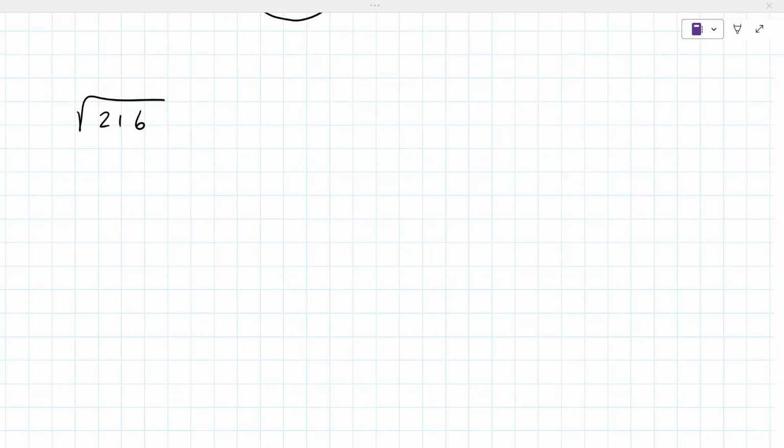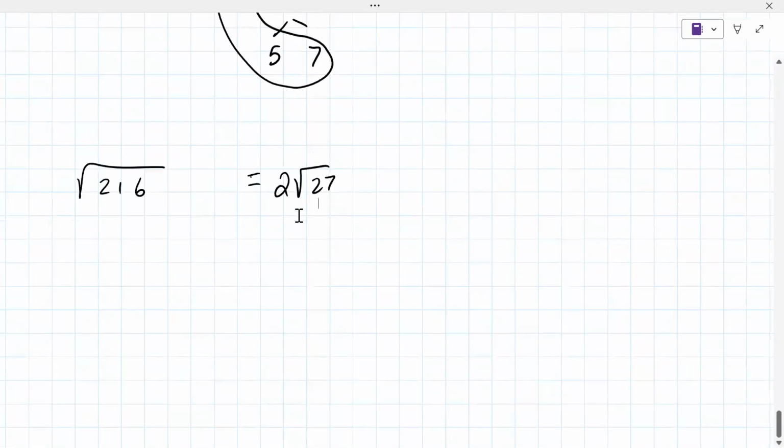Two square root 27. Just redo this problem. Something is happening here. You've got to do the number 2 until it doesn't work, then you try 3 until it doesn't work, then you try 5 until it doesn't work, and so on. Just restart it. Sometimes you just flip the paper over and say, all right, I got to redo this. This isn't going well.